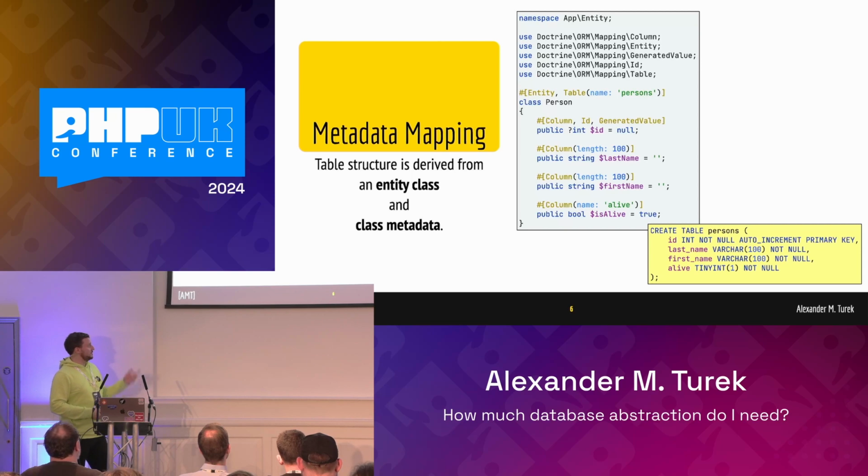Then this is really handy because I define my metadata on the classes that I want to map, and the ORM or the DBAL in the background take care of emitting the right syntax for the database that I'm currently using.